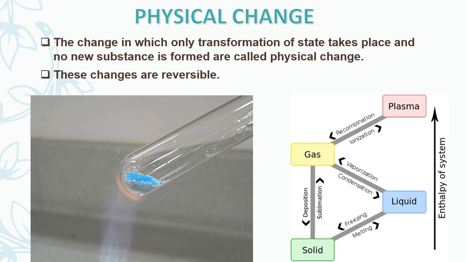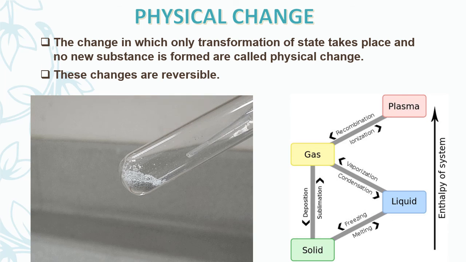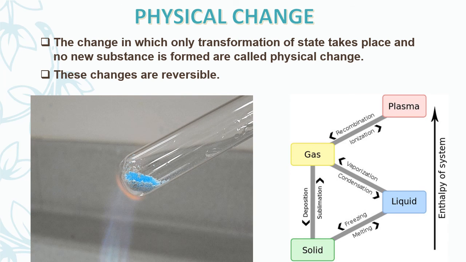But if you cut down a tree, you can check which changes come under physical change and which come under chemical change. We can take the example of the growth of a plant. It is a type of chemical change.